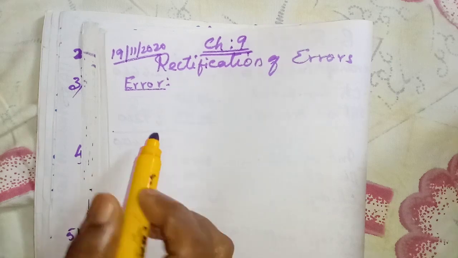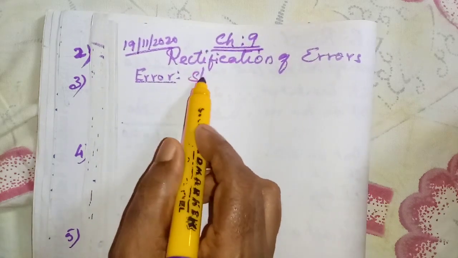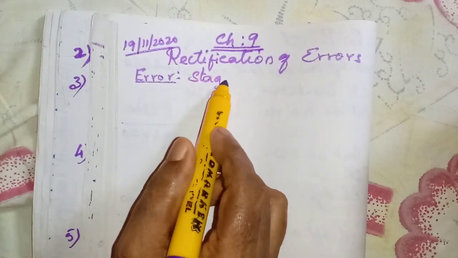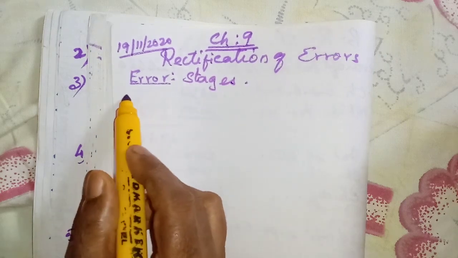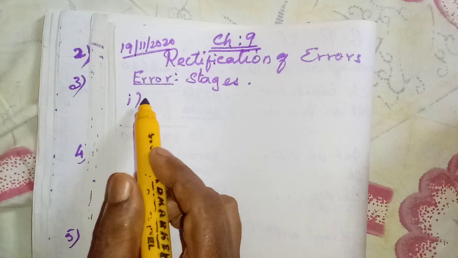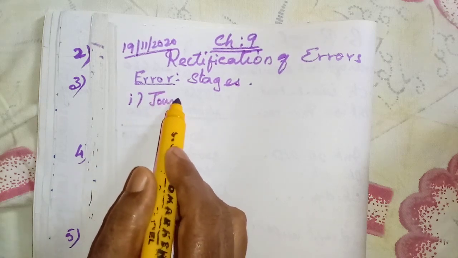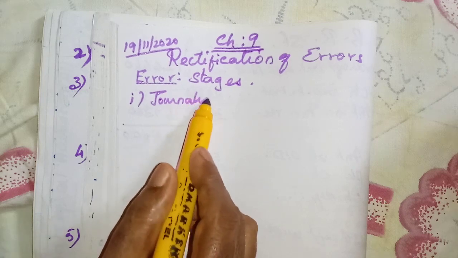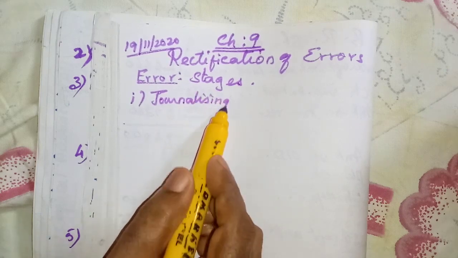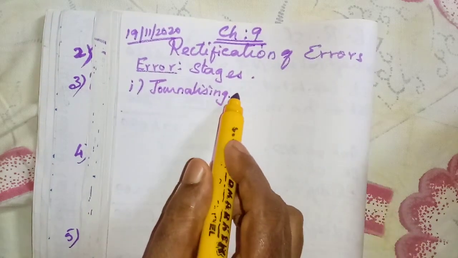Okay, then these errors can be made in the different stages of accounting. First, as we have learned, at the time of recording, at the stage of journalizing, what errors can they make?